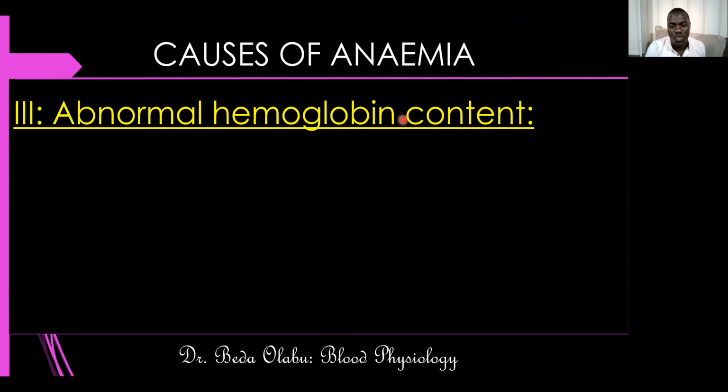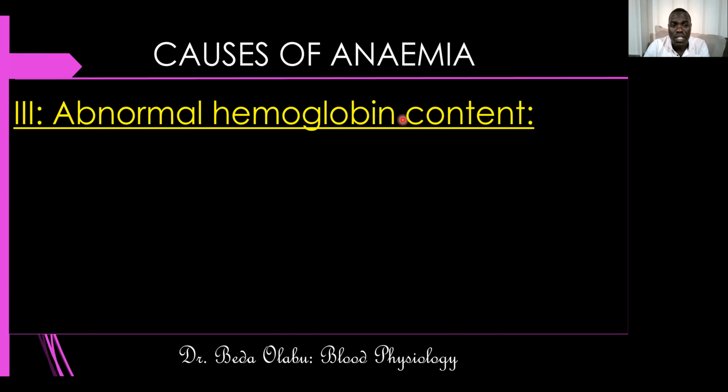The amount of hemoglobin is normal. What is abnormal is the structure of the hemoglobin. If the structure of the hemoglobin is abnormal, there's some kind of hemoglobin that is not efficient in carrying oxygen. And so those kinds of hemoglobin will also give us a reduced oxygen carrying capacity.